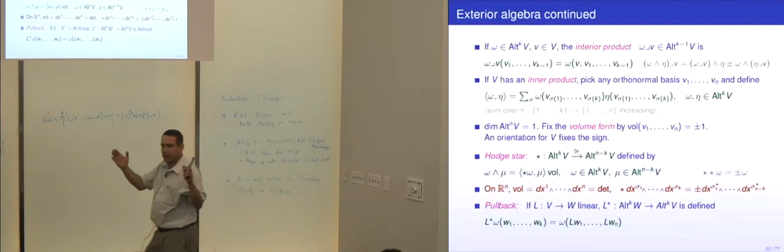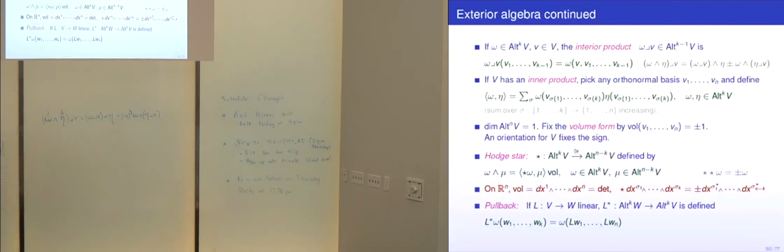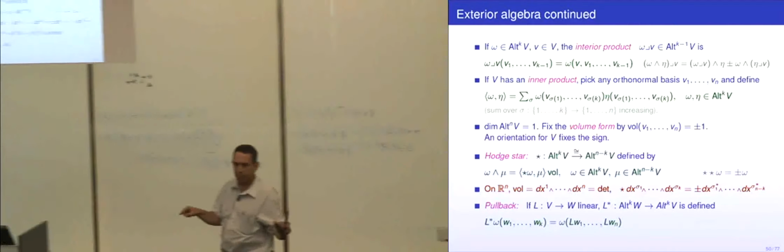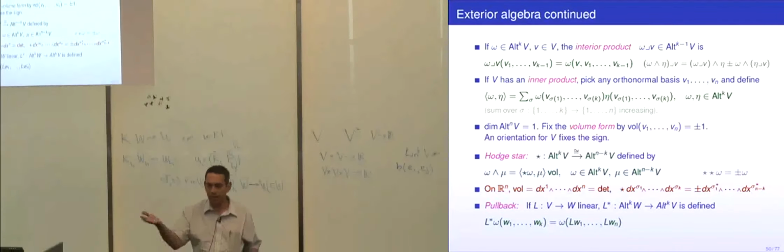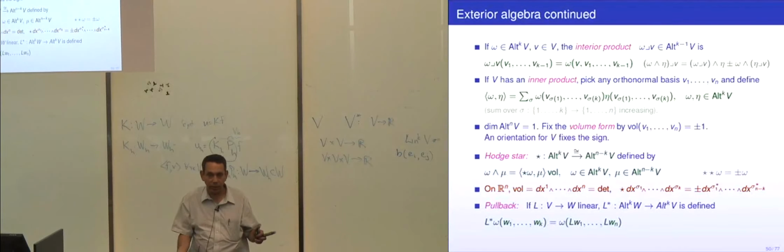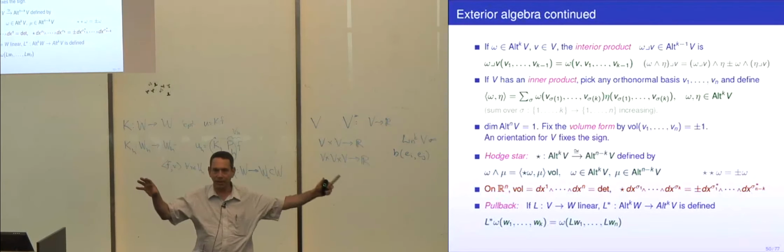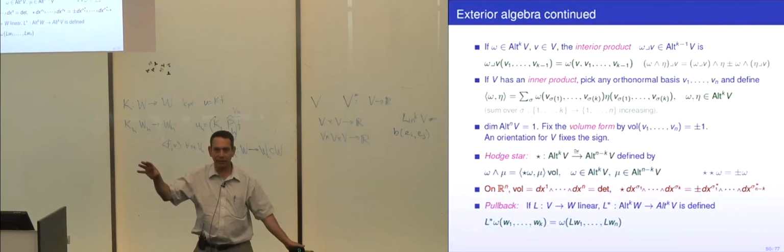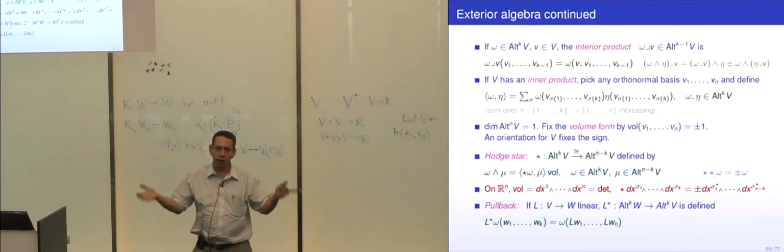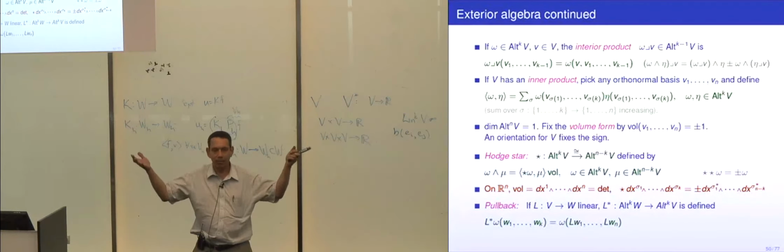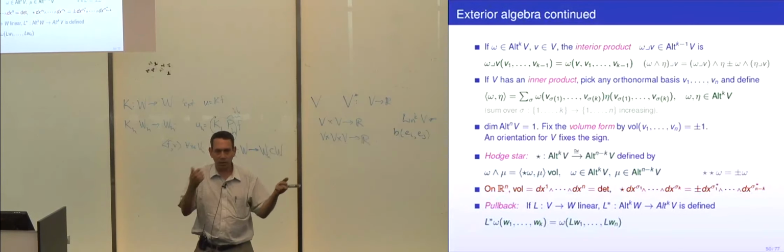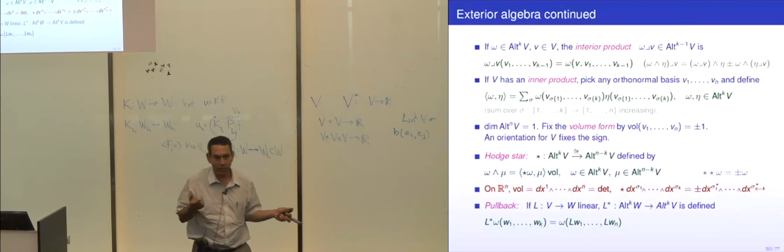So whenever you have an n-dimensional vector space, take a basis, take another basis. There's a change of basis matrix. And that change of basis matrix is non-singular, so it has a positive determinant or a negative determinant. Okay, so half the bases are related to your original basis by a positive determinant, and the other half by a negative determinant. So you choose one of those two groups and say that's the good group, the plus group. That puts an orientation on the vector space.